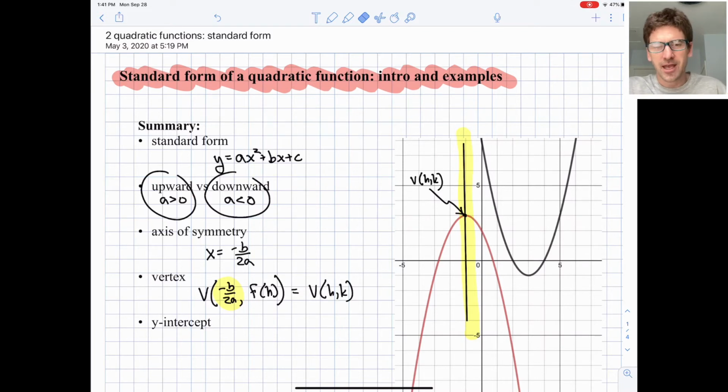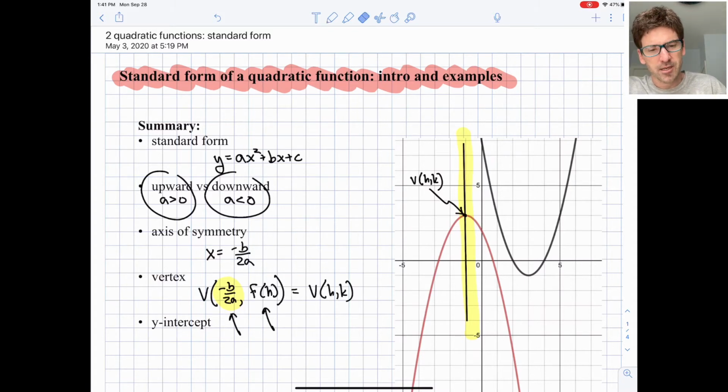And then to find the k-coordinate of the vertex, so this is the h-coordinate, we use negative b over 2a. To find the k-coordinate, we just need to plug h back into our function to see what k is. So that's what f of h means. Presumably we're dealing with a function f of x equals ax squared plus bx plus c.